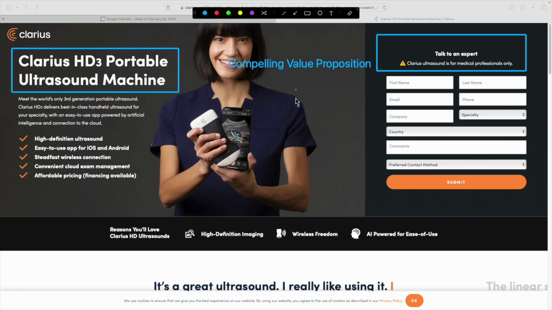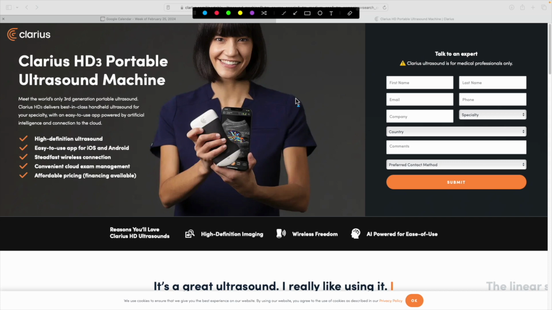Next area of attention is going to be the landing page body copy itself. As I mentioned earlier when we talked about the landing page headline, the body copy of this landing page doesn't speak to the benefit that the target persona is going to receive if they continue with this page and if they continue with the desired task of contacting an expert.